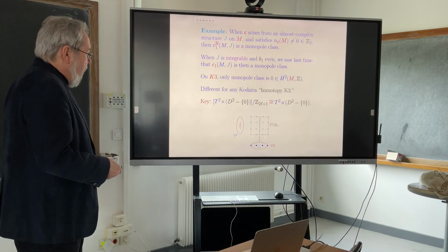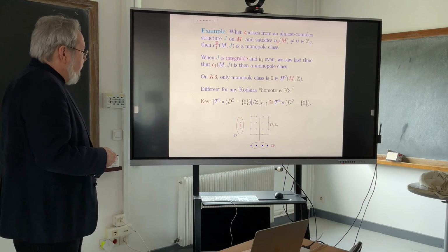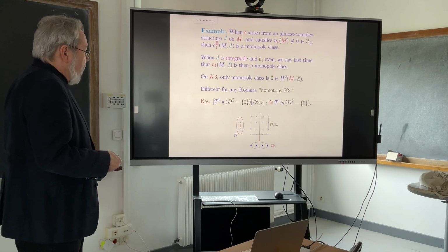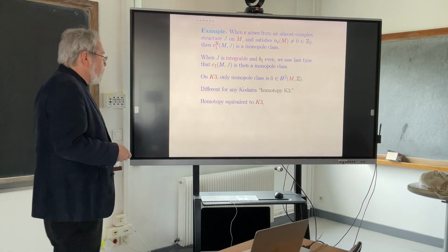There's a natural complex structure on this modified K3 where we put in a different 2-torus that, with respect to the original 2-torus, should be thought of as a fiber 2-torus modulo a group of order 2L plus 1.